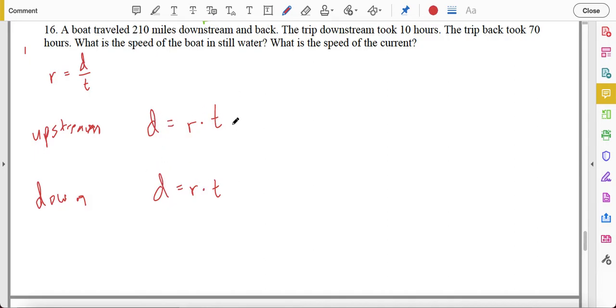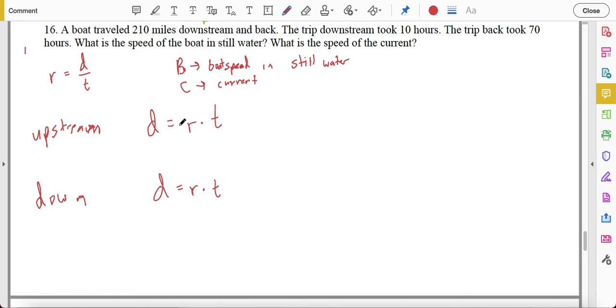The rates and the times that it takes to get there are different. So we can call this B the boat speed in still water, in water that's not moving at all.